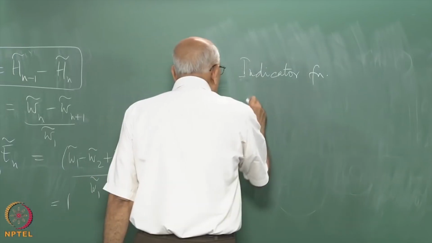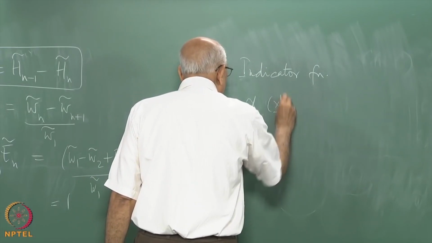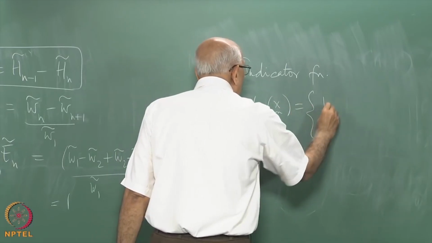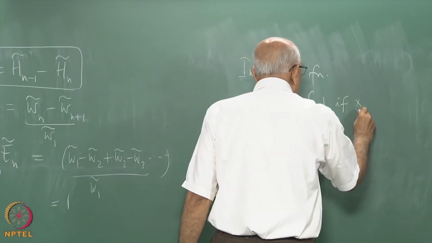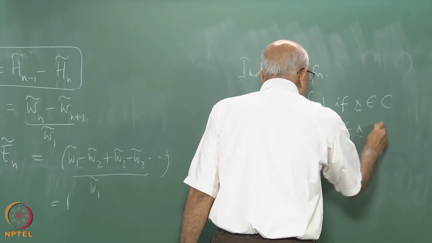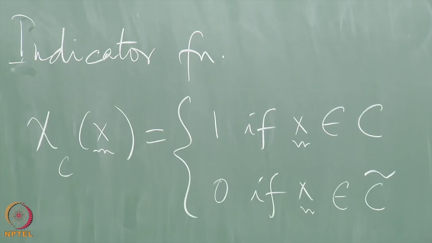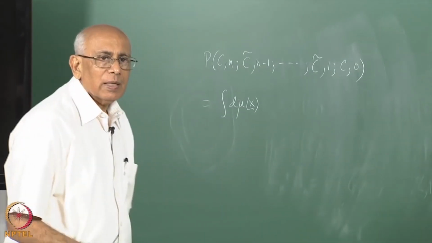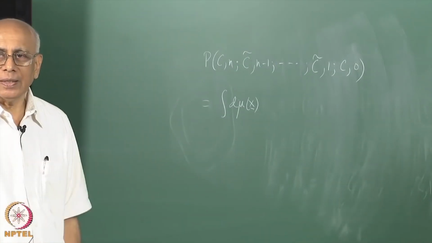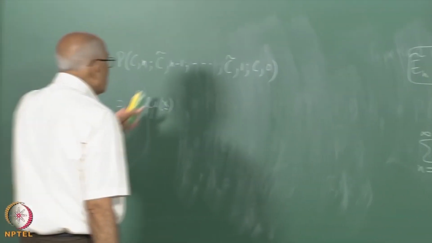It is just a big name called chi subscript c of x, and it is very simple. It is equal to 1 if x is an element of C, 0 if x is an element of C, the complement. So it is just a theta function, okay. But it is a very useful device, because it helps us to do these integrals with constraints of this kind.